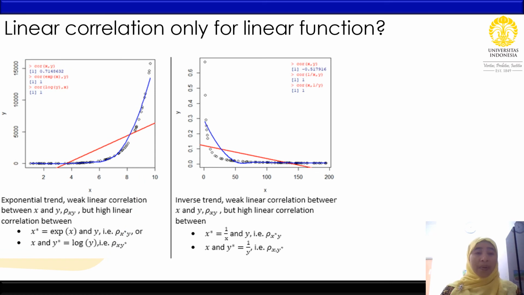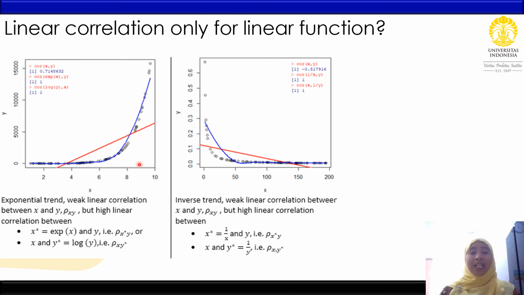This is another example. If we put a linear correlation between just x and y, then we will have a kind of low correlation. But if we apply our mathematical background on forms of functions, we know that this is an exponential function. So if we try to find a linear correlation between the exponential value of x and y, or the logarithm of y and x, then we will have a perfect correlation here.